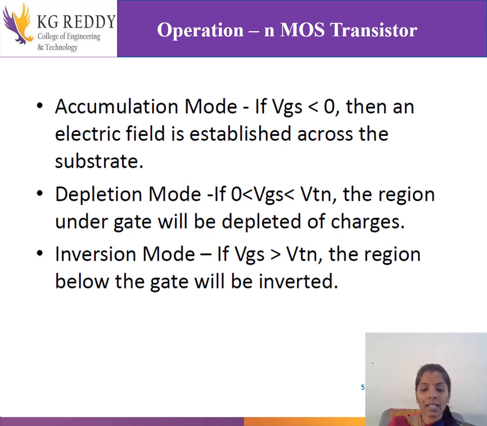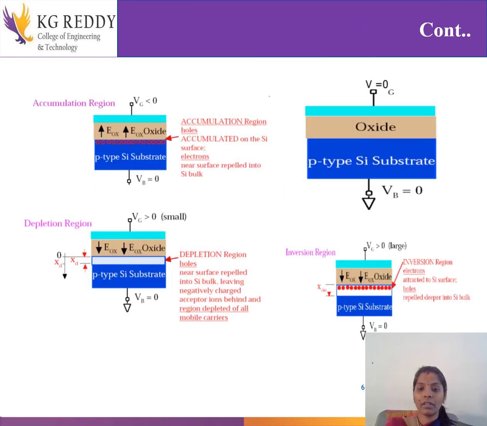Okay, that's why we say it is a depletion mode. And when it turns to the inversion mode, obviously we give some positive voltage, and then VGS is greater than the threshold, the region below the gate will be inverted, and then we say that it is an inversion mode, right? This is accumulation, depletion, and the inversion mode.